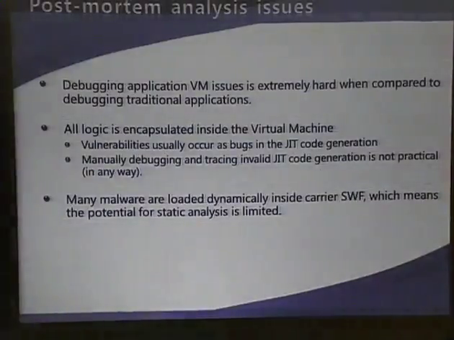What I'm presenting today is how we can debug these vulnerabilities. If the vulnerability is just a buffer overflow, you can debug it very easily: the stack is corrupt, you trace down what data is corrupting it, and you can easily figure out where the data is coming from. But for AVM, it's not that simple. It's all about logical errors in the virtual machine's JIT code generation. To understand what is going on inside the VM, you need some kind of new method.